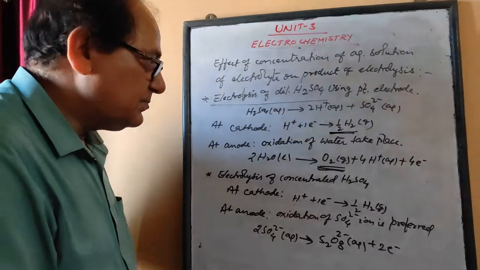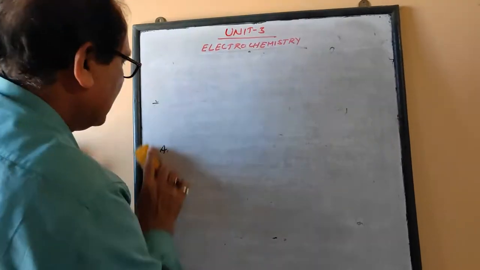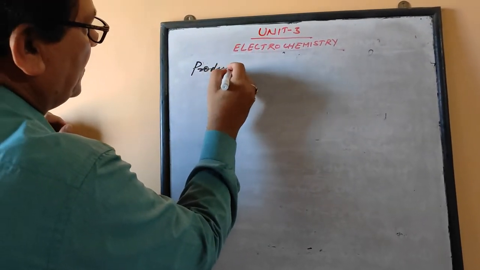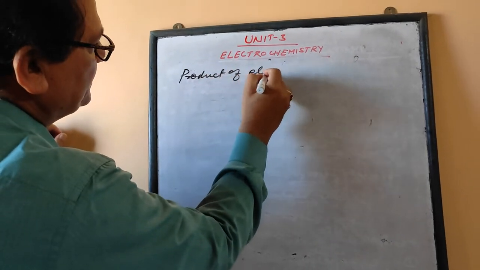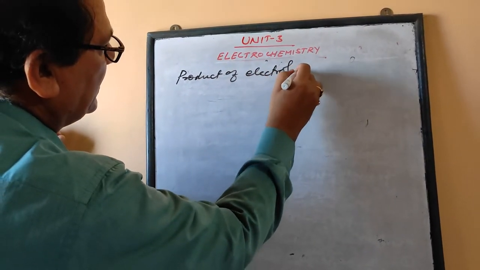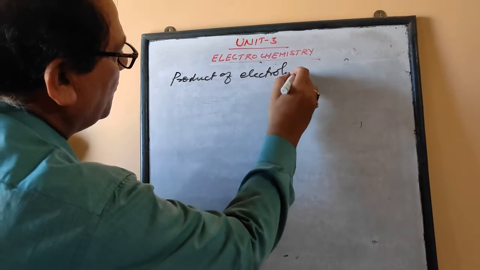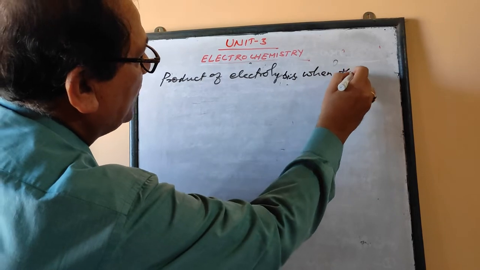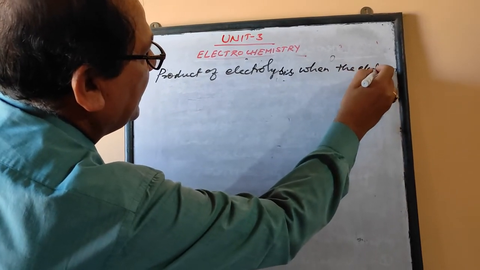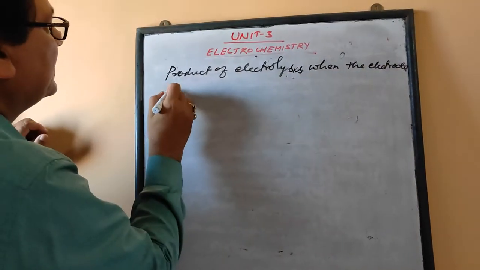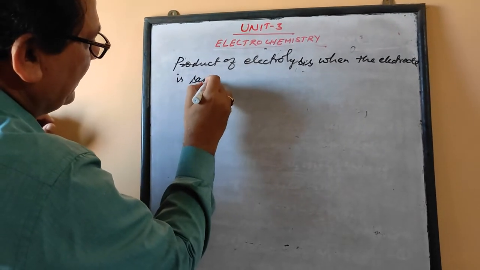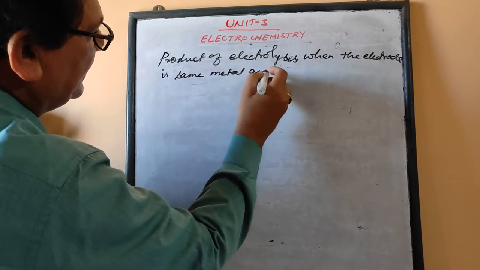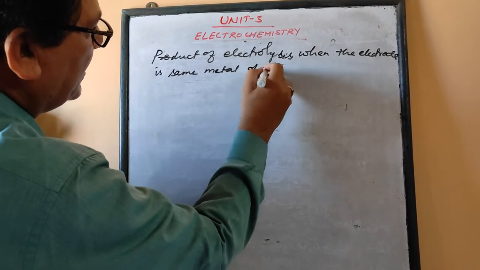Now the next topic is the product of electrolysis when the electrode is the same metal as the metal of the electrolyte.